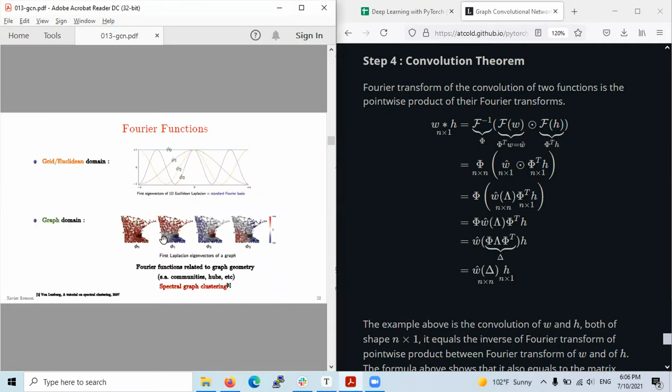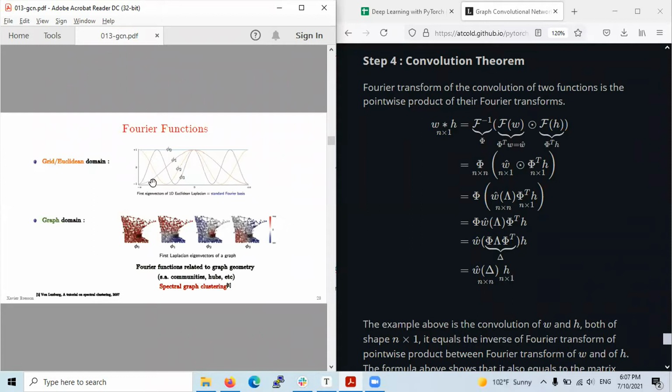To get a visual understanding of what a Fourier transform would look like: any signal can be decomposed into orthonormal or orthogonal signals composed of various frequencies.